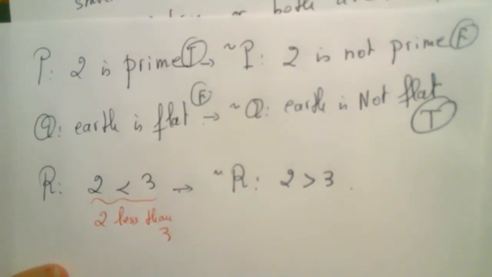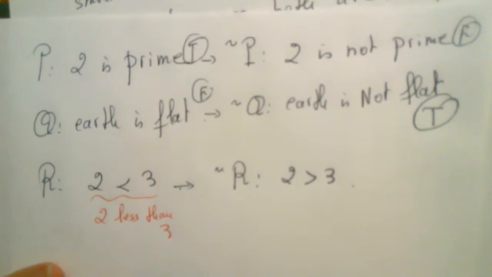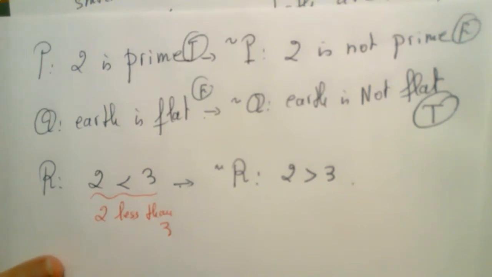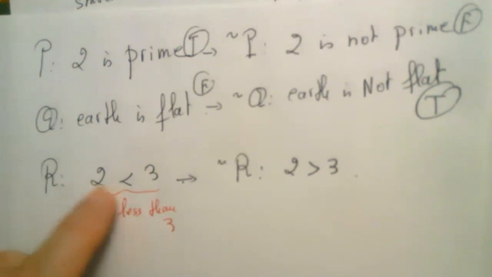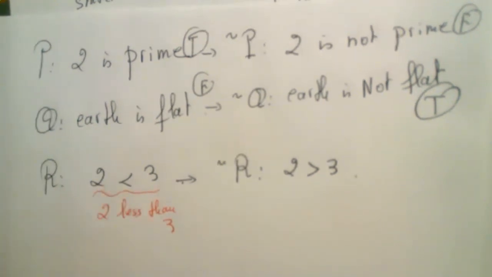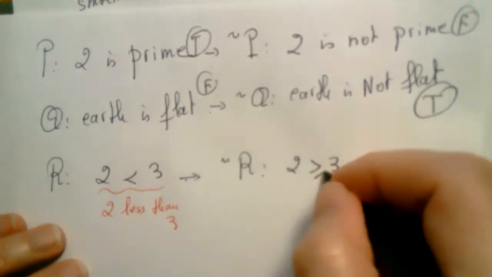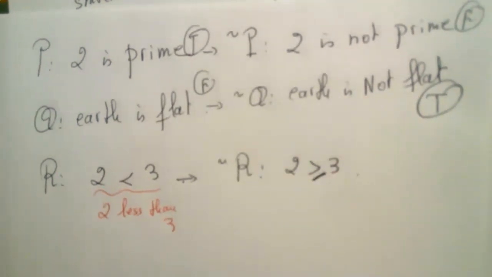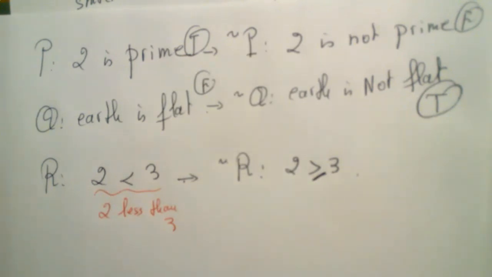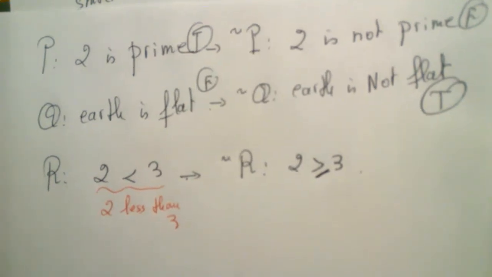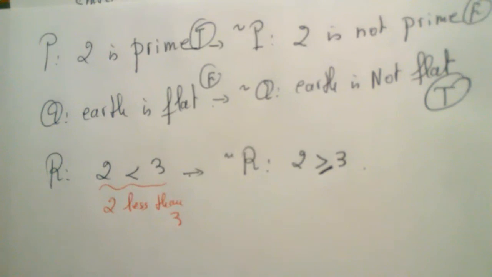You think he's correct? Absolutely not correct. The negation means everything else: 2 cannot be less than 3. What's everything else? Greater or equal to 3. So the negation is 2 greater or equal to 3. That's how we negate everything else.